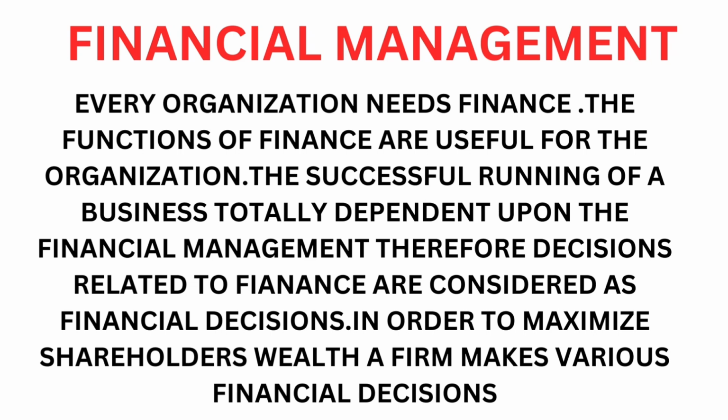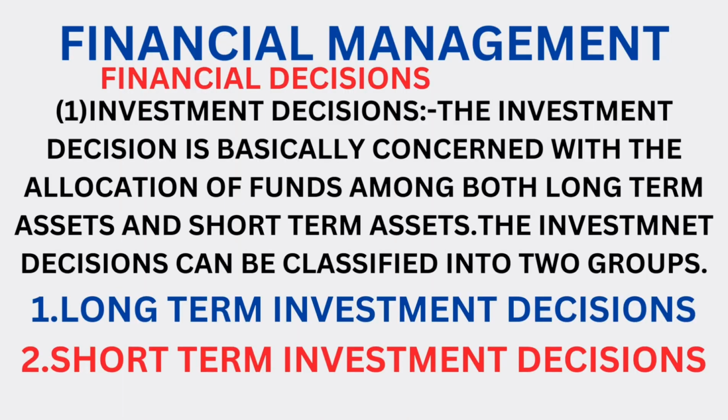So this is the objective a financial manager should consider before taking any decisions. The ultimate objective is to maximize the shareholders' wealth. So for maximizing the shareholders' wealth, a financial manager has to take a number of decisions. Under that, now we are discussing three major decisions.